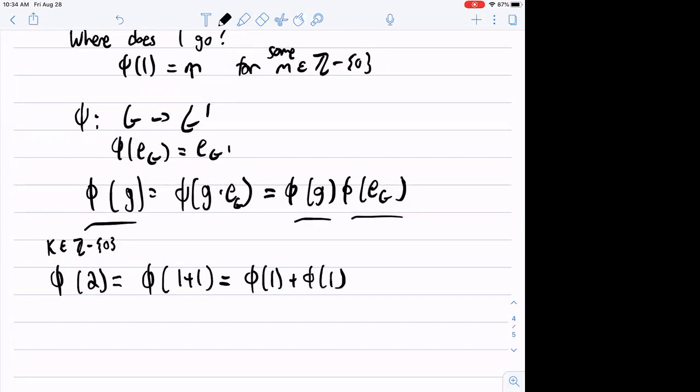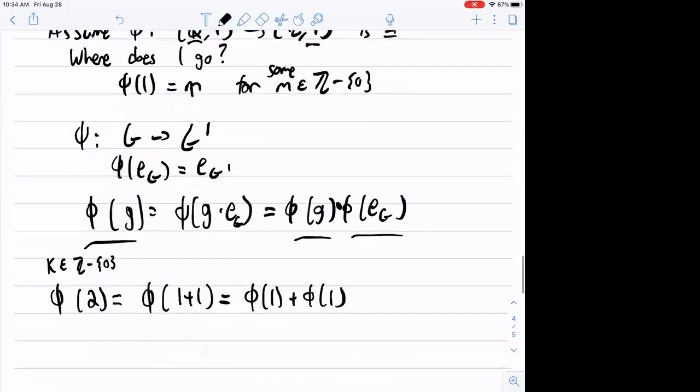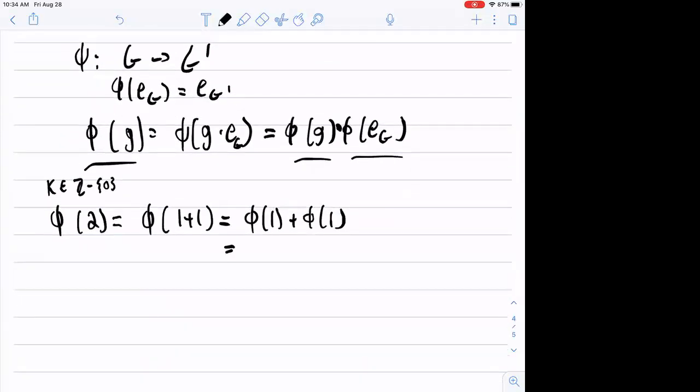What I write here is the group operation, whatever the operation is, and in this case the operation on the right is plus. So it's phi of 1 plus phi of 1, and this is m plus m, which is 2m. So once you declare where 1 goes, every other integer is determined.